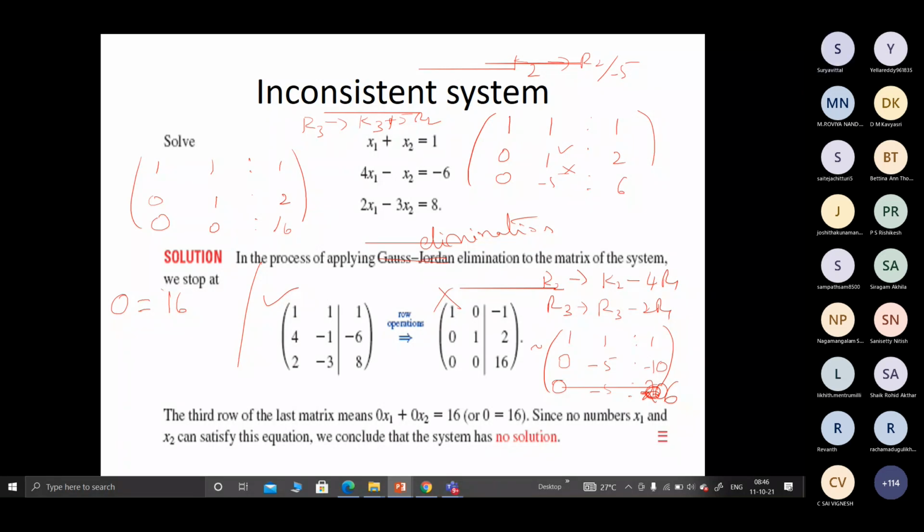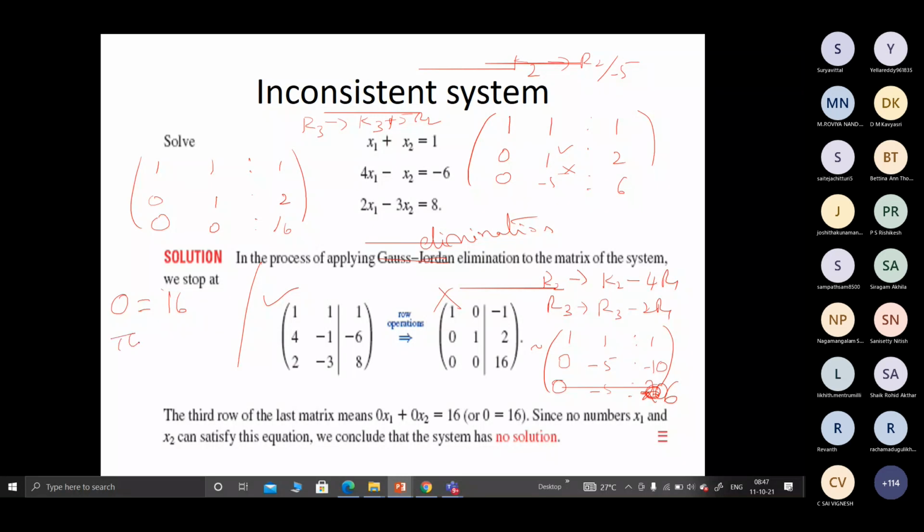So what is the message here? Therefore it has no solution, no real solution. This is a contradiction because 0 equal to 16 is not a possibility. If by chance this entry also has become 0, then possible that the system has solution. But what we have now is a contradiction, which is 0 equal to 16. So this indicates that the system has no solution.